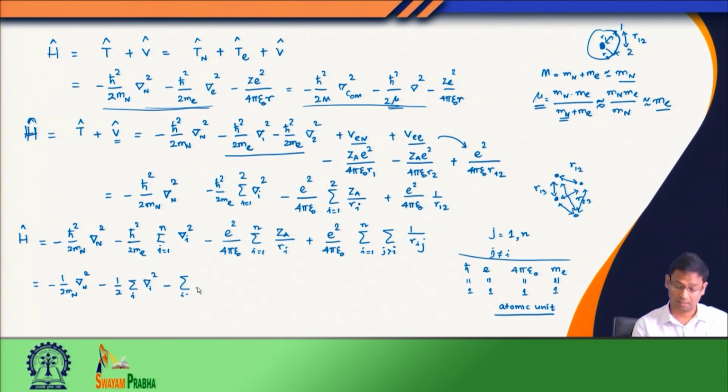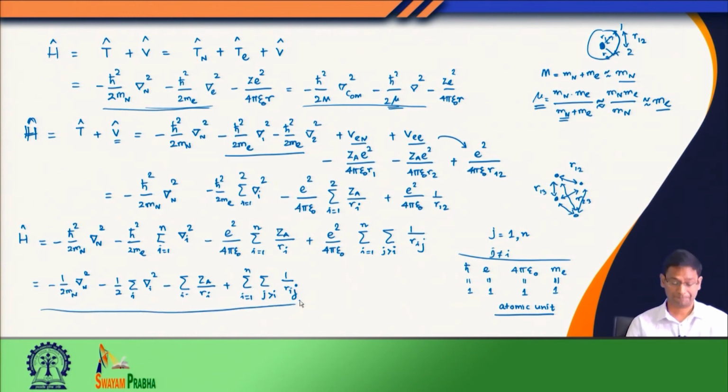So, I have summation over i of Z A divided by R i, plus, since e square and 4 pi epsilon 0 are gone in atomic units, I have i equals 1 to n, j greater than i, 1 over R i j. So, I see that my Hamiltonian becomes much simpler when I use atomic units. This is the Hamiltonian written in atomic units, where h bar, e, 4 pi epsilon 0, m e are all defined as 1, so that the Hamiltonian becomes simple.